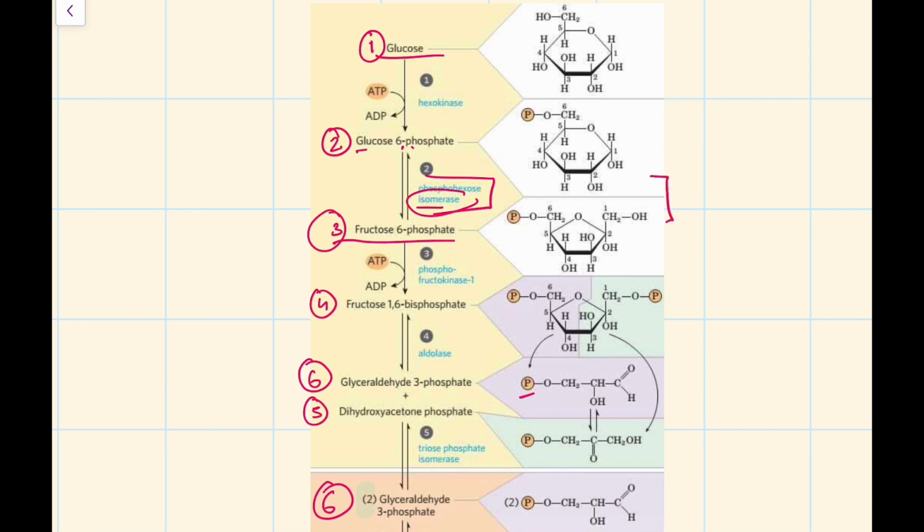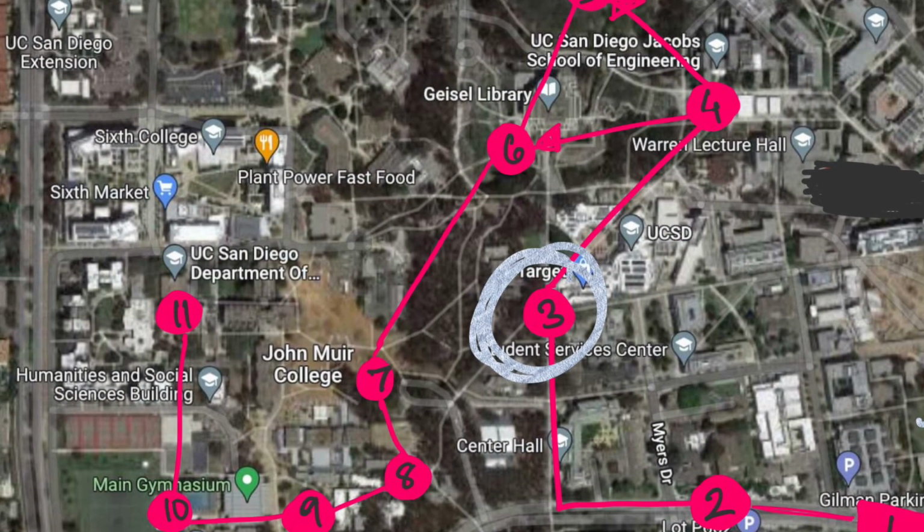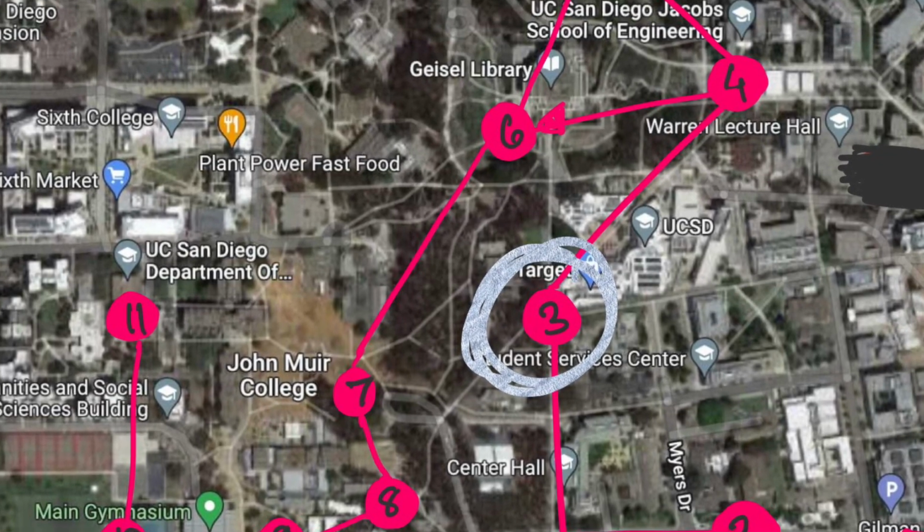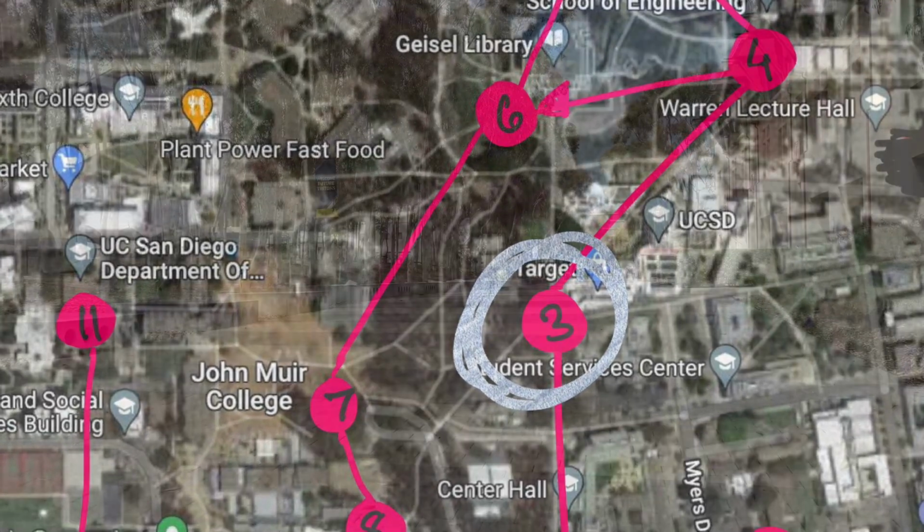If you take a look at glucose 6-phosphate and fructose 6-phosphate, you will see that the same formula is being used for both, but they're just arranged differently. And this step is reversible. Whenever you see these arrows, that means that the step is reversible, unlike the previous step, which was irreversible. We will be placing the third molecule, fructose 6-phosphate, on Library Walk.